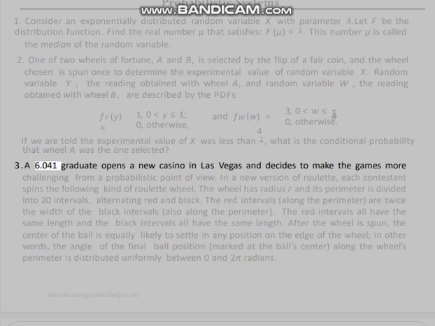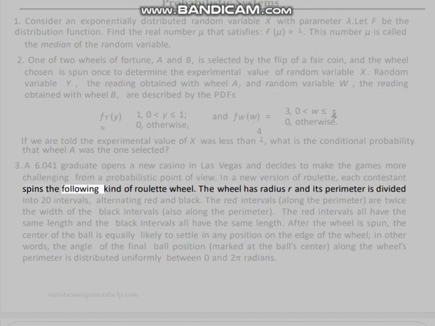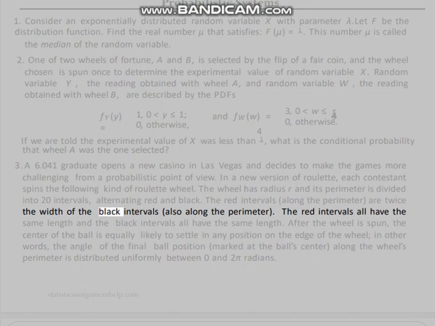3. A 6.041 graduate opens a new casino in Las Vegas and decides to make the games more challenging from a probabilistic point of view. In a new version of roulette, each contestant spins the following kind of roulette wheel. The wheel has radius r and its perimeter is divided into 20 intervals, alternating red and black. The red intervals, along the perimeter, are twice the width of the black intervals.